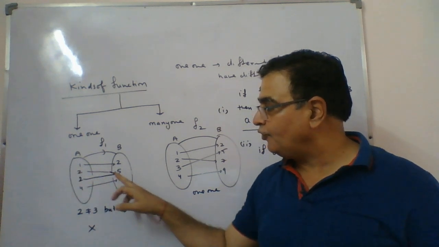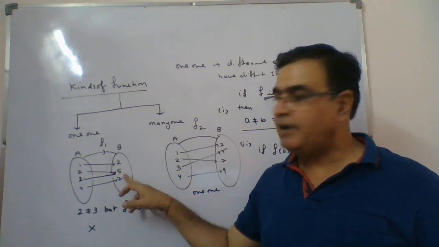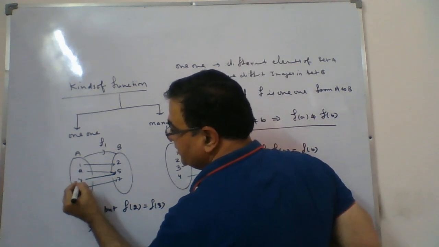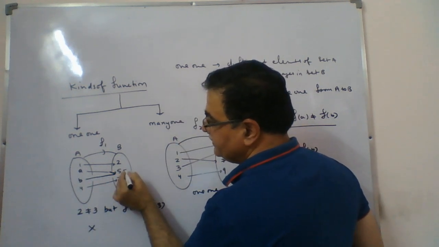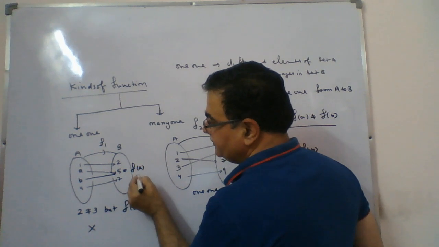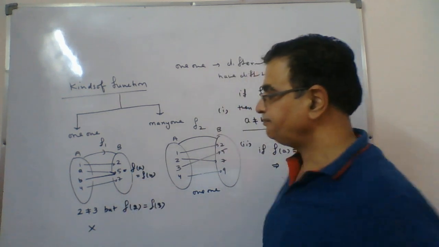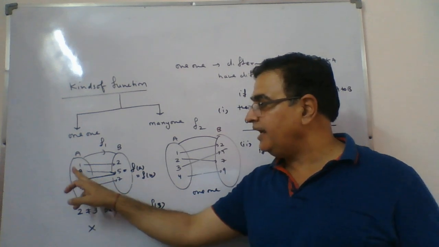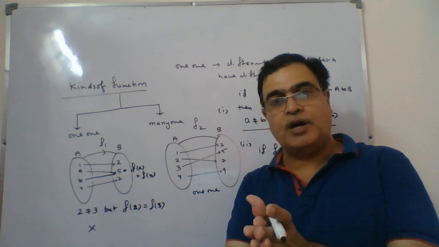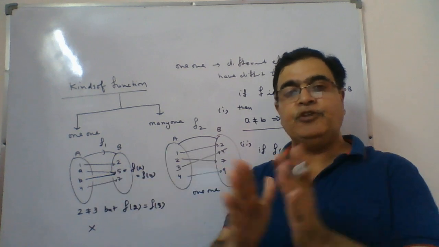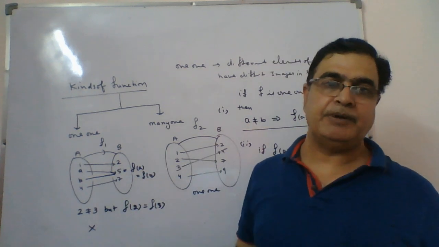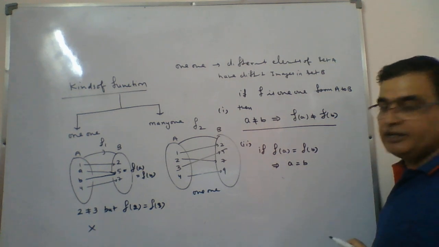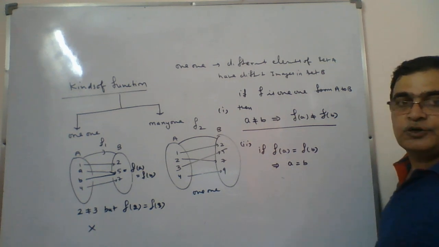The image of a and image of b are the same, and if I say this element is a, this is b, this is f(a), this comes out to be f(b). And if f(a) is equal to f(b), then a and b, if they also come out equal, we will say one-one. If a and b are not equal, we will say it will be many-one. So the second condition says if f(a) is equal to f(b), this implies a is equal to b.